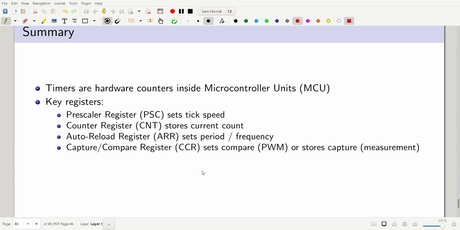So what's the summary? Timers are hardware counters inside microcontroller units.